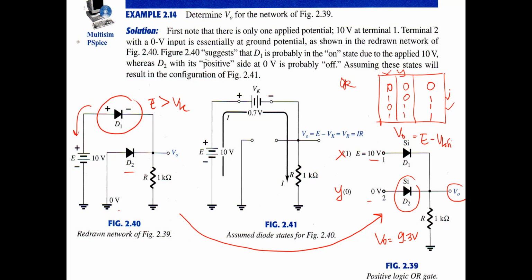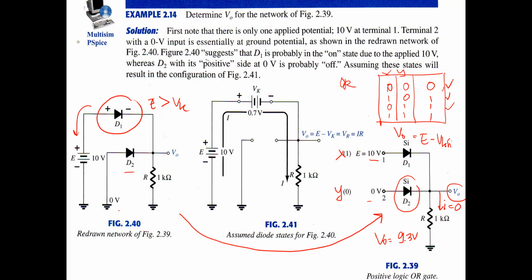So there is no current here; the current is equal to 0. So VO is also 0. It is typical of the OR gate: if both inputs are 0, the output is 0.